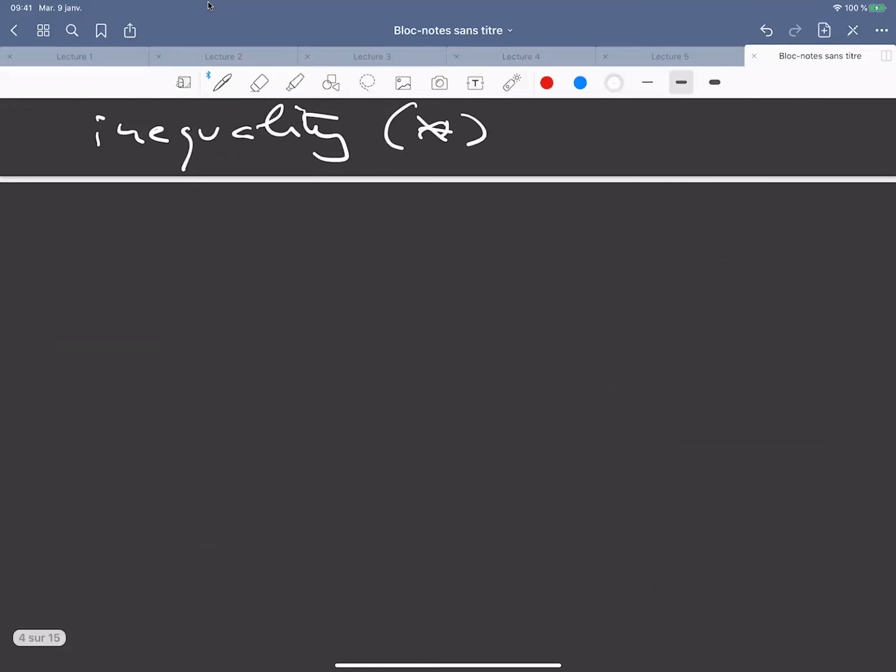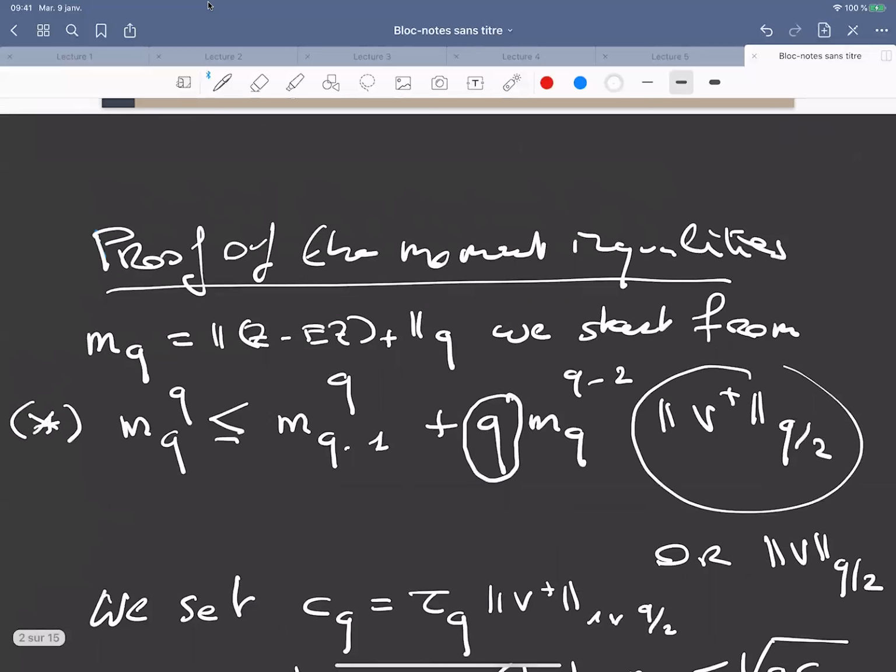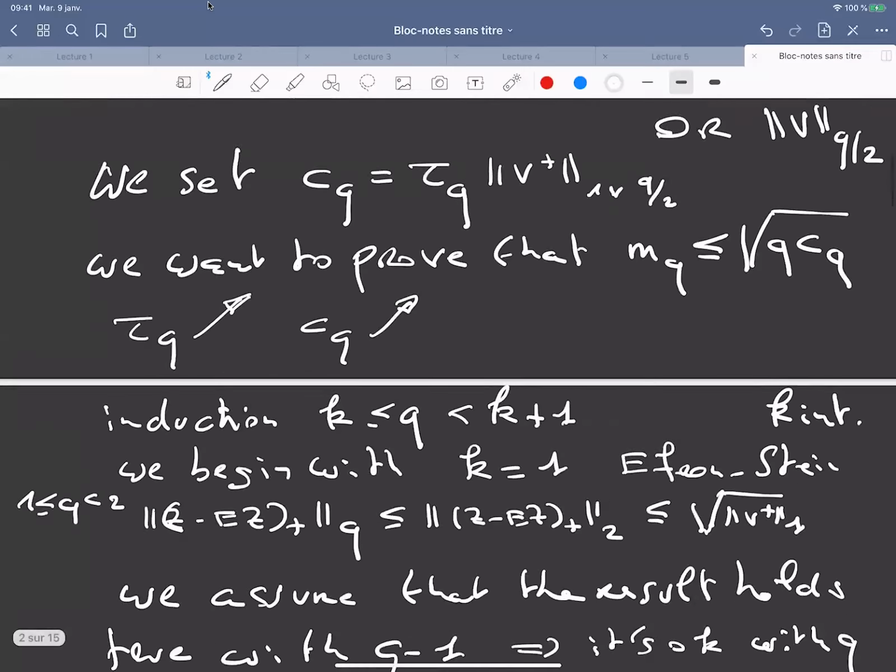So if we do that, we get something like that: q to the power q over 2, cq to the power q over 2 times xq. So this is exactly the nq to the power q factor term, excuse me.